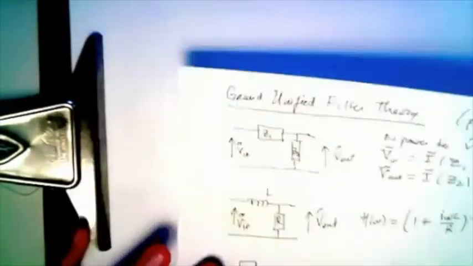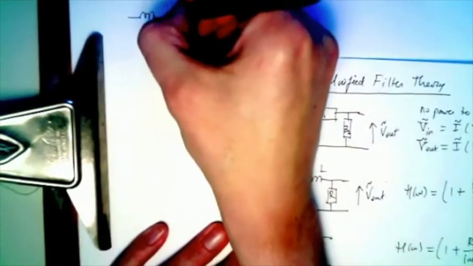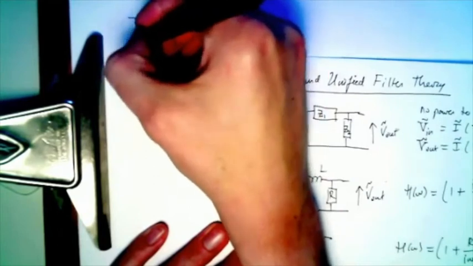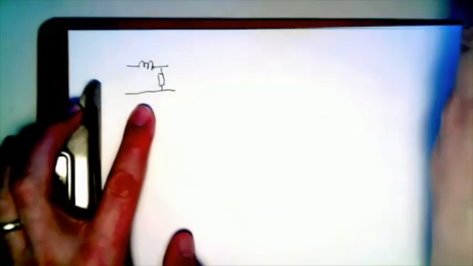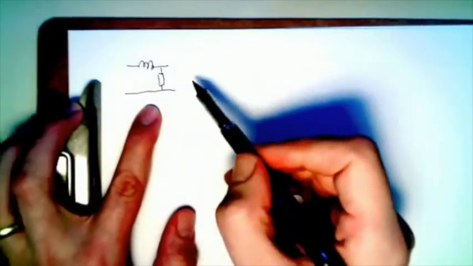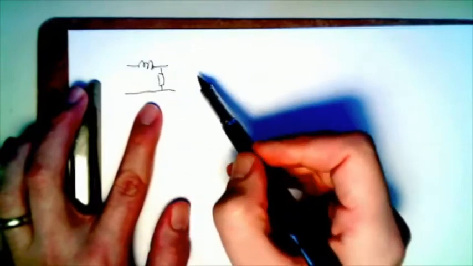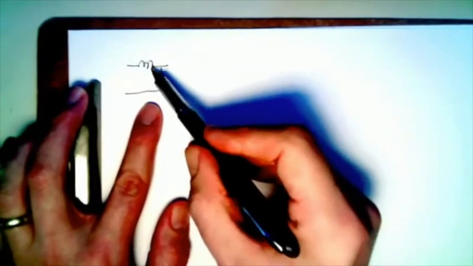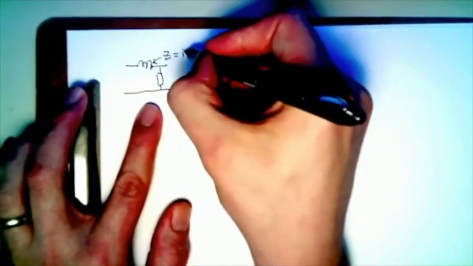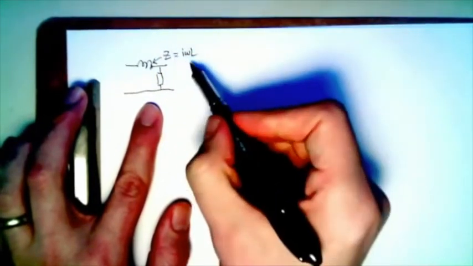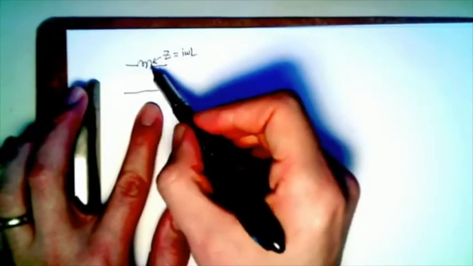Okay, so in this case, if you look at the diagram directly and you consider the 2 limiting cases, really low frequency and really high frequency. Okay, first, really low frequency. Remember the impedance here is i omega L. At really low frequency, this thing has an impedance of 0.